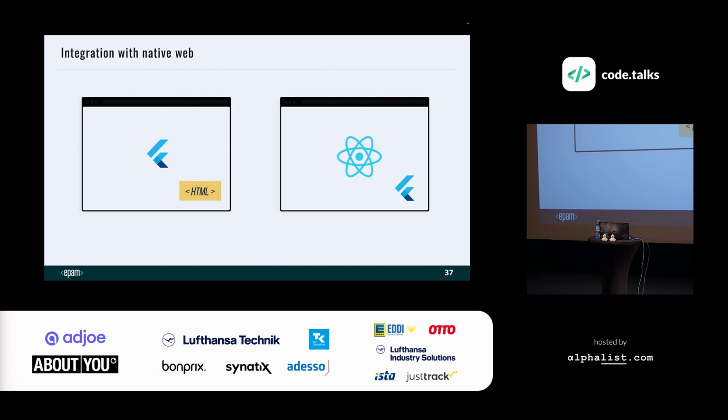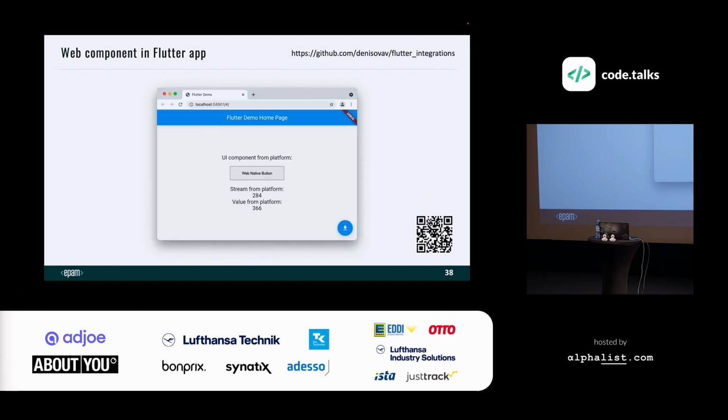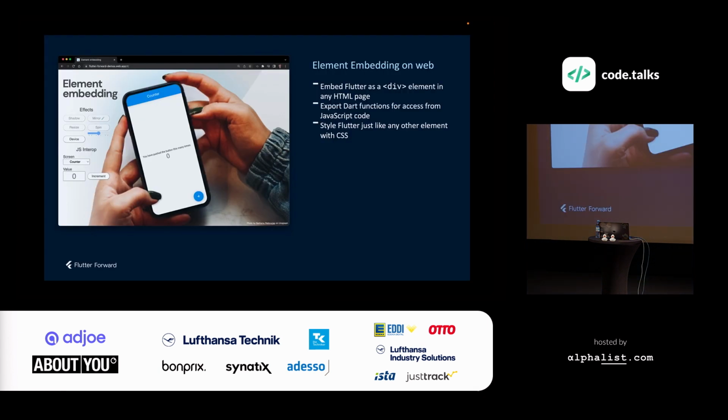Let's take React, it doesn't matter. So it's possible. For example, there is an example of how I added a natively implemented button into a Flutter application. I just put it inside and connect the Flutter application with this button using JavaScript, because as I mentioned before, Dart is interoperable with JavaScript.